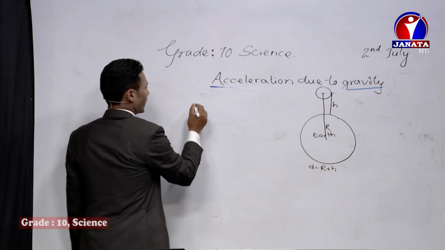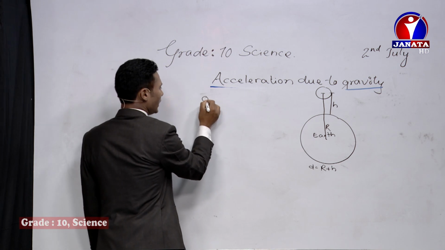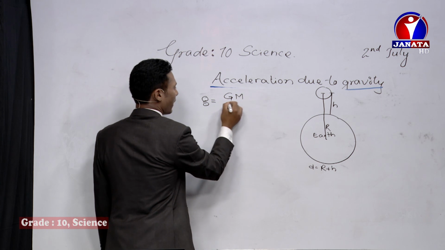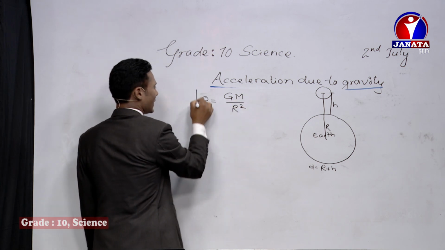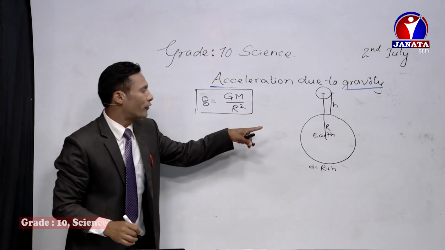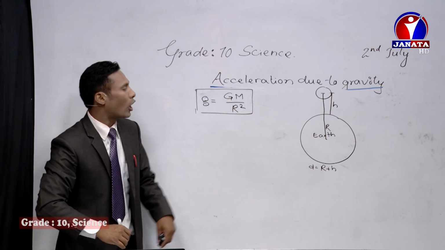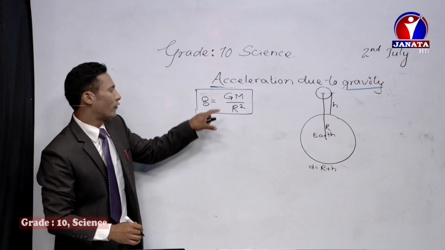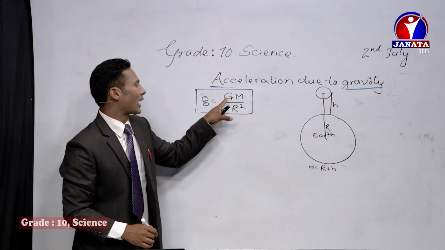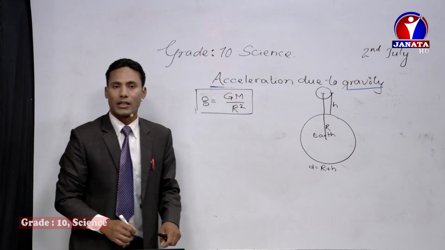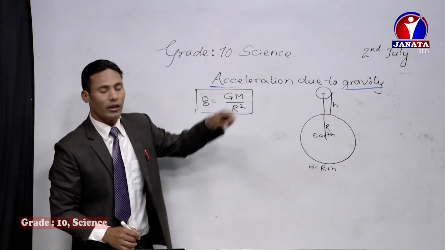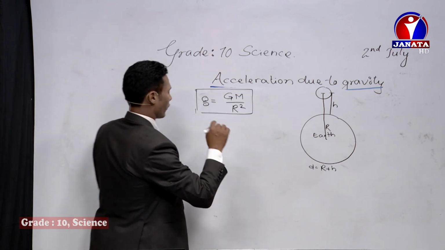We have the formula g equals capital G capital M by r square. This is the formula when the object is at the surface of the earth. Now we are taking the object at a certain height from the surface of earth, so let's check for this.